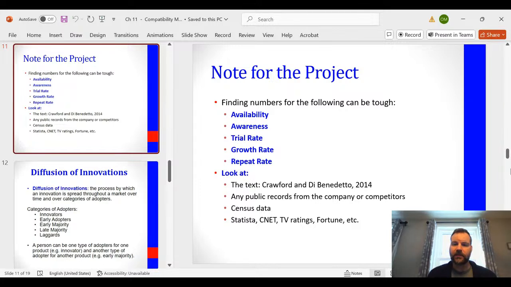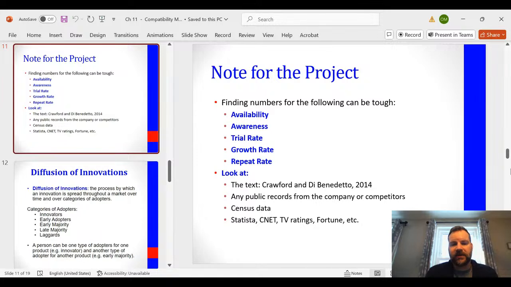So the textbook, certainly, Crawford and DiBenedetto, we're using the 11th edition from 2014, but certainly these numbers wouldn't have changed in the last 10 or so years because they're based on decades of historical sales. Public records, if it's a publicly traded company, can be useful.